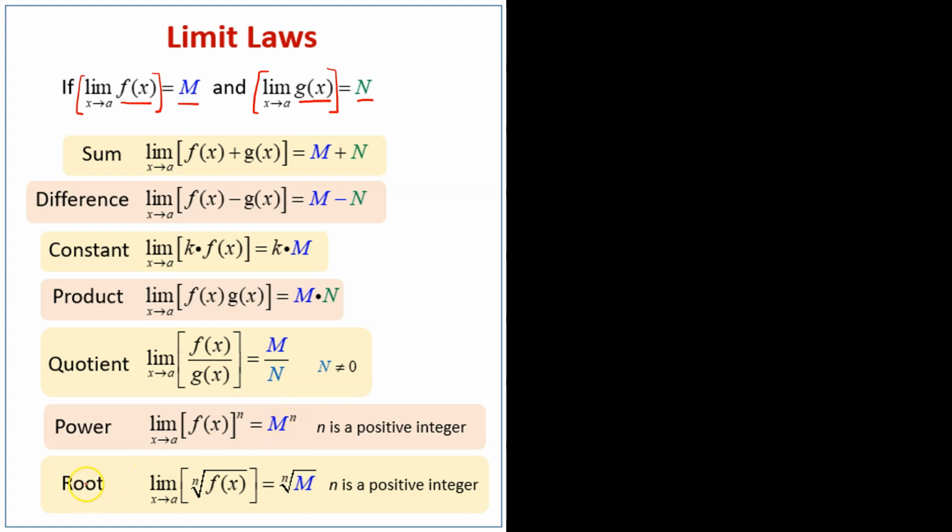And roots, if you remember that roots are basically rational exponents, they work the same way. So if I'm doing a root over a function, I could allow this limit symbol to sneak into that radical, apply the limit directly to the function f, which would give us the m inside of the radical, and then apply the root outside of that. So let's take a look at how these really work.